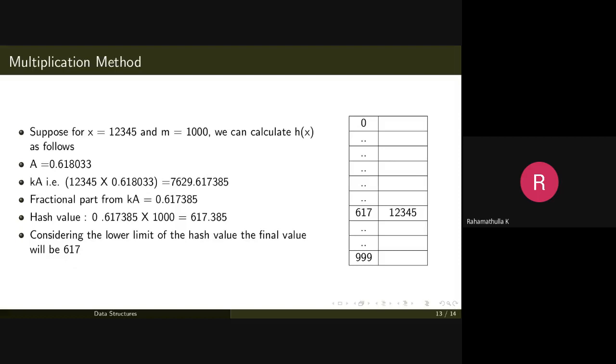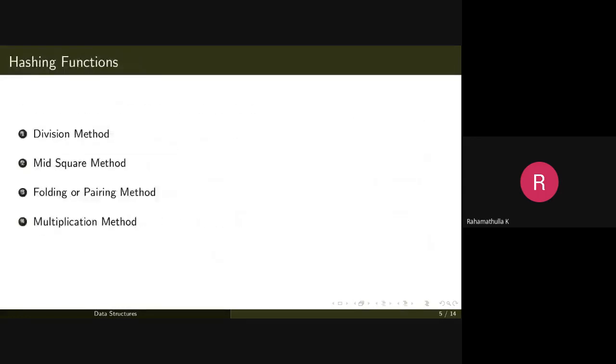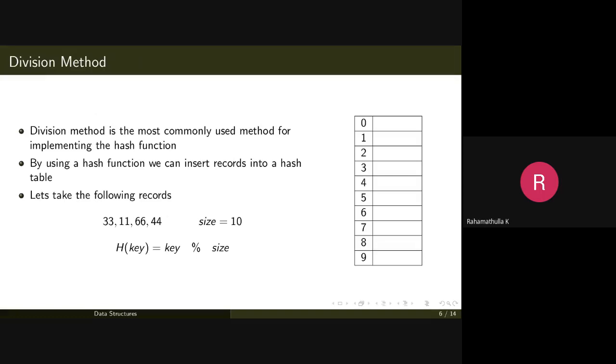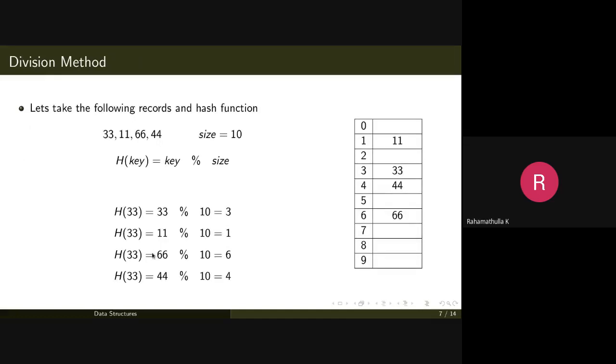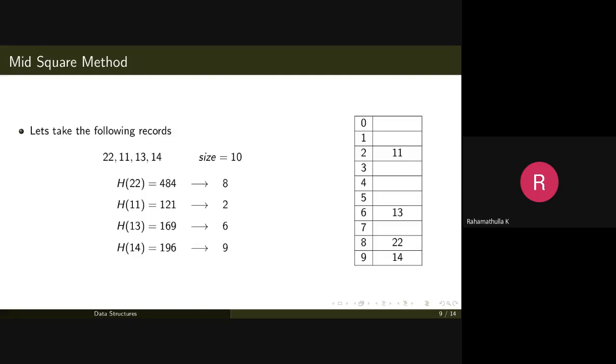So far we have seen four methods for hash functions. One is the division method, in which the elements are stored in the hash table based on the modulus operation, modulus the size of the hash table. Then the mid square method, you take the square of the key value and the middle digits will be taken as the hash value.